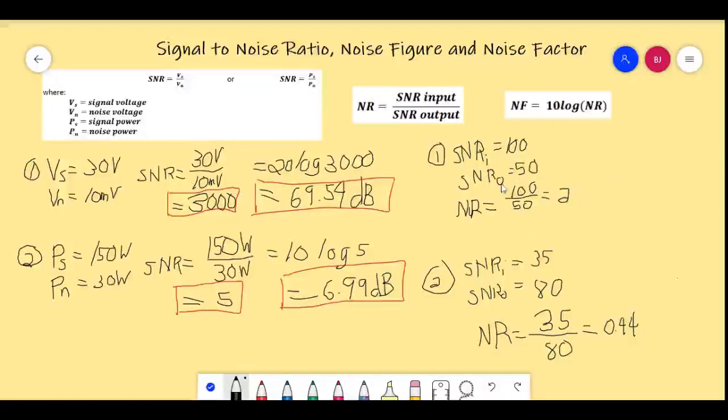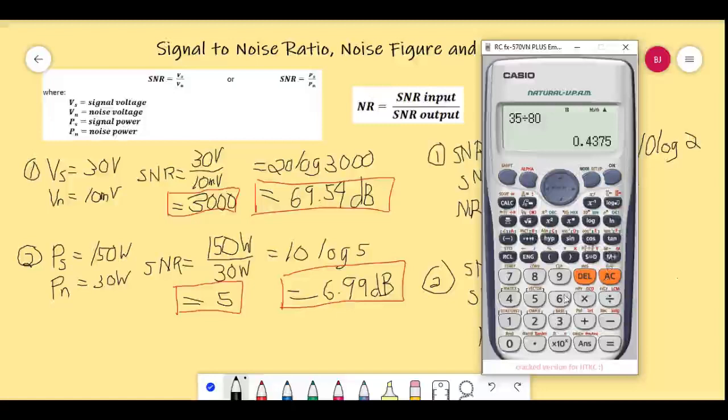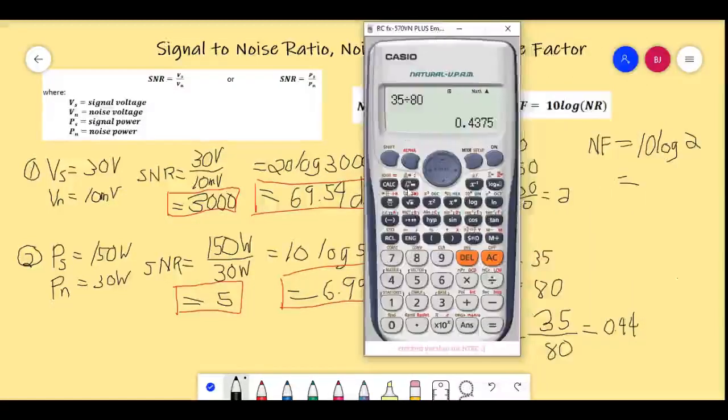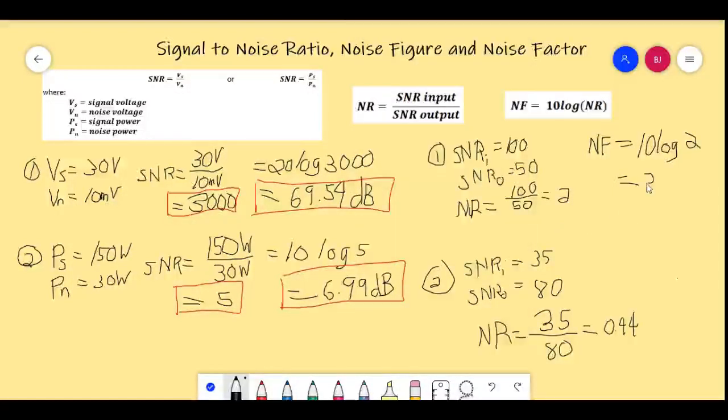So we just convert this into decibels. So NF would just be our noise figure multiplied by logarithm first and multiplied by 10. So 10 logarithm of 2. So let's have that on our calculator. So logarithm of 2 multiplied by 10 gives us 3.01 decibels.